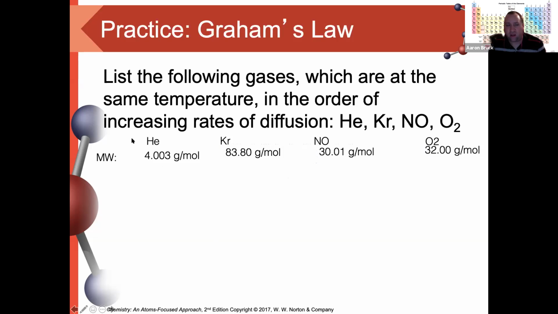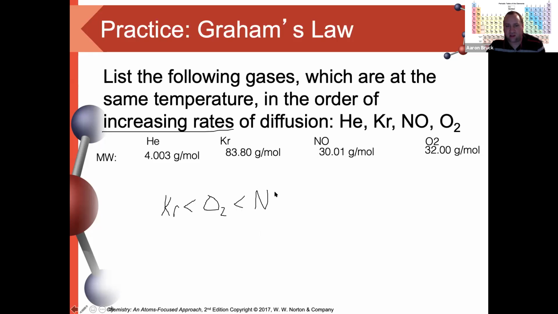Again, if I'm putting it in order of increasing rate of diffusion, I'm going to start with my slowest and work my way up to my fastest. So krypton weighs the most, so it is going to be the slowest. Oxygen is the next heaviest, so it's going to be next in line.